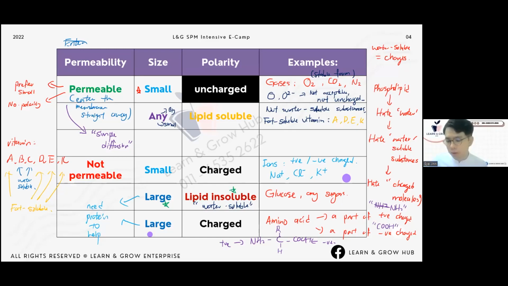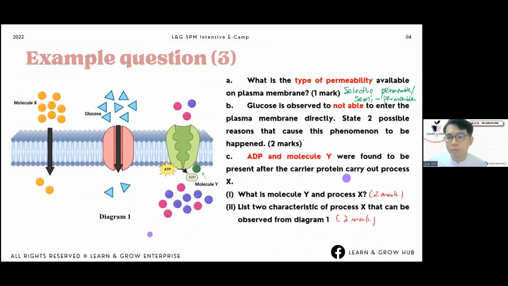So this table can bring you to the direction you want. Because glucose is a large molecule, and glucose is also lipid insoluble. Straightforward, 2 marks you get already.